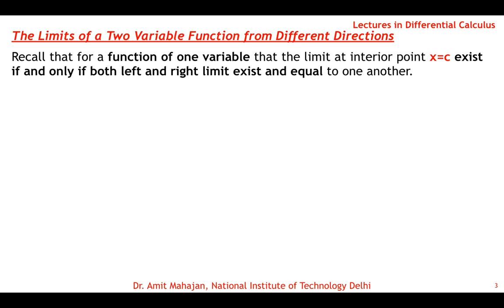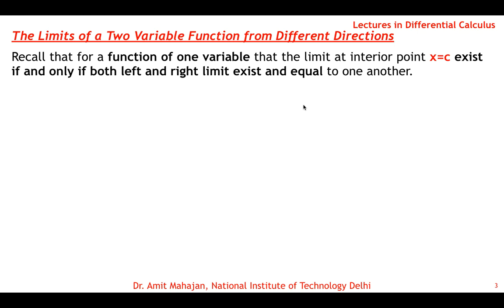As we know, when we talk about a function of one variable and we want to check the limit at the interior point x is equal to c, then we say that if both left and right hand limits exist and are equal to one another, then this holds. So for a function of one variable, we only check the left hand limit and the right hand limit, and if they are equal, then we say that the limit exists at that point.